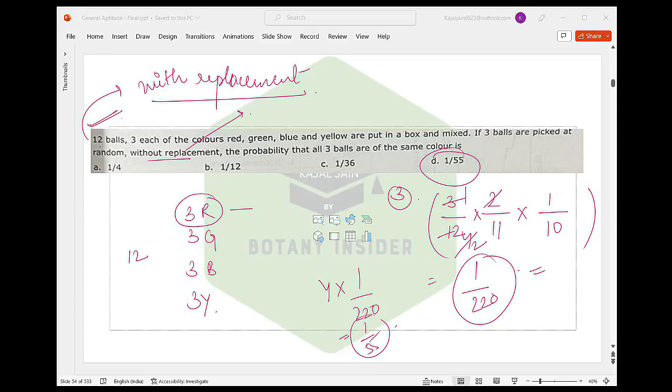Done everyone in terms of the options given over here? Okay, you can mark it the way you get it. You can just solve it yourself and mark the answer accordingly.